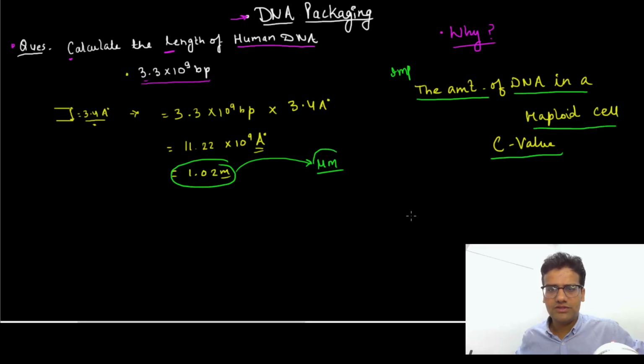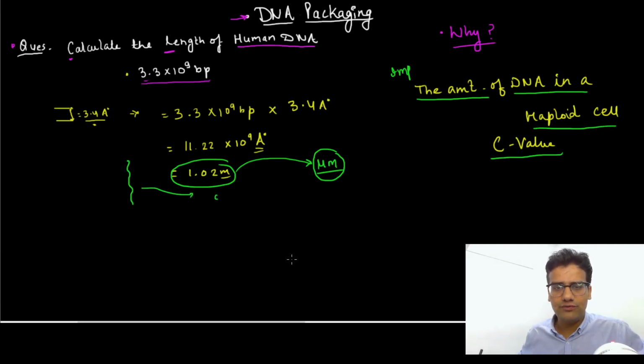Most cell sizes are in micrometers, and the DNA is present inside the nucleus. So a length of around 1.02 meter has to fit into the size of a nucleus.